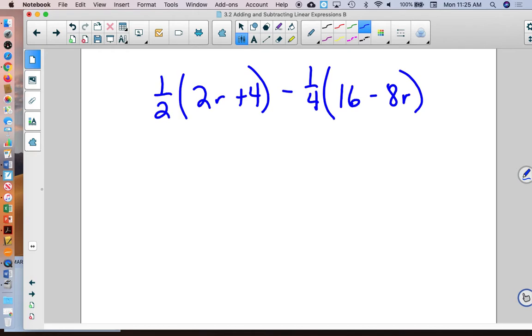Do I have distributive property in both sections? Yes. So I have to do that distributive stuff first.